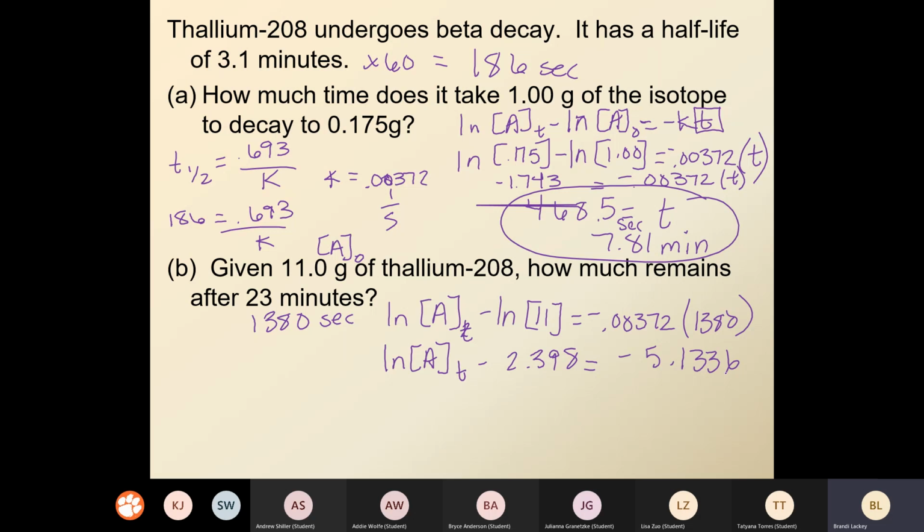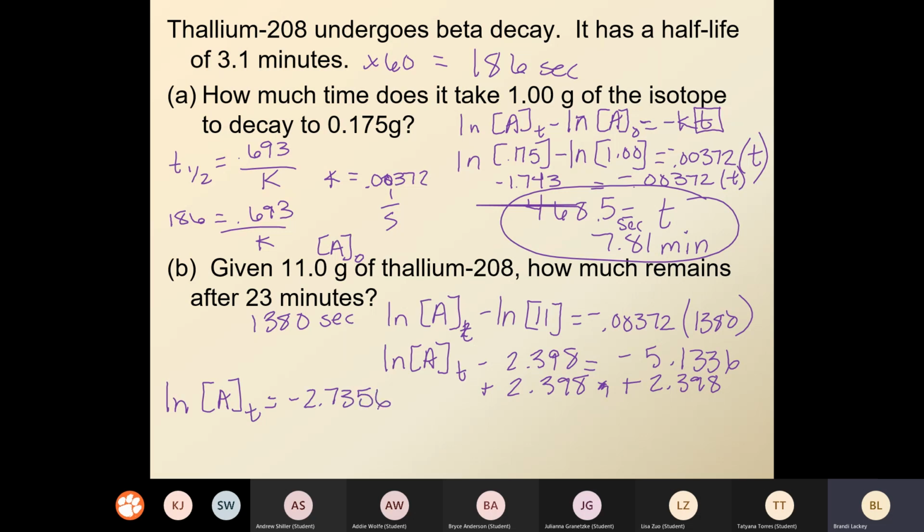We do have to add the 2.398 to both sides. And we get that the natural log of the concentration of A is equal to negative 2.7356.